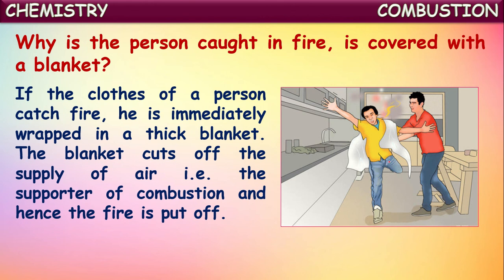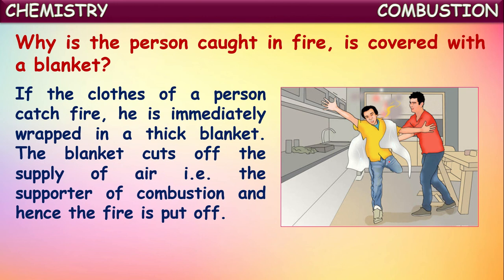Because if the clothes of a person catch fire, he is immediately wrapped in a thick blanket or a carpet. The blanket cuts off the supply of air, that is, the supporter of combustion, and hence the fire is put off. Did you understand now? Why is a person caught in fire wrapped with a blanket or carpet?